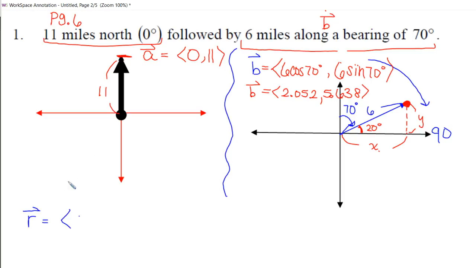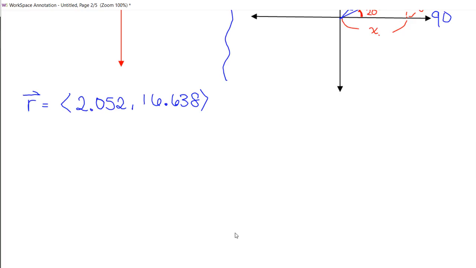So 0 plus 2.052 is 2.052. And if I add the y's together, it'll be 16.638. So once I've obtained my vector, I'm going to go ahead and draw it for us so we can see what all we got here. On my coordinate plane, my resultant vector R is now going to be at 2.052 and 16.638.